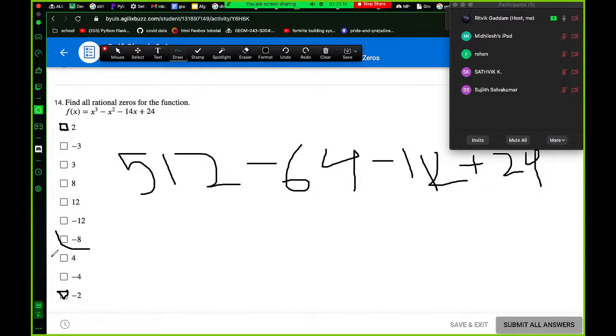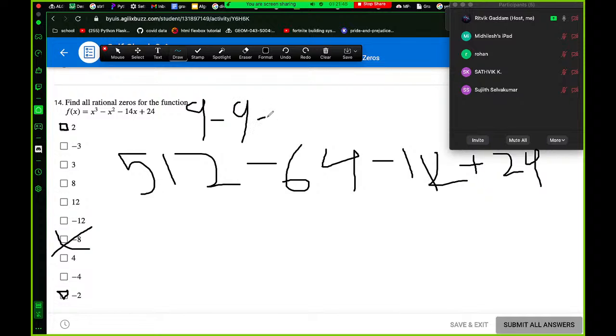So 8 doesn't work. Let's try 12. I really don't want to do that, and I'm pretty sure it doesn't even work. So let's try 3 now. 3 cubed, that's 27. Then negative 3 squared, and by that I mean negative times 3 squared. 3 squared is 9, so that's negative 9. 27 minus 9 is 18.